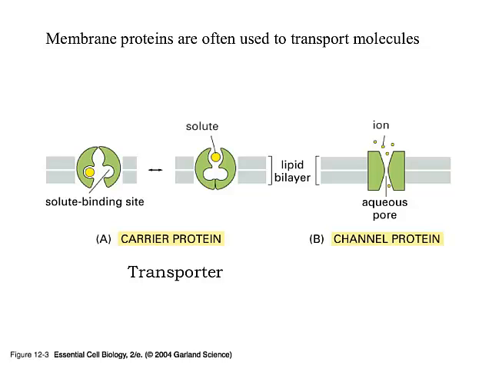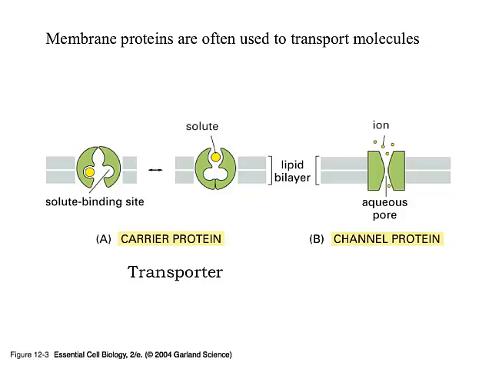So there are two classes, what your book used to call carrier proteins, but now, and I noticed it has changed to calling them transporter proteins or transporters, and then channels. They're both transmembrane proteins, but they work in a little bit different way. The transporters are very specific for a single or very few solutes.